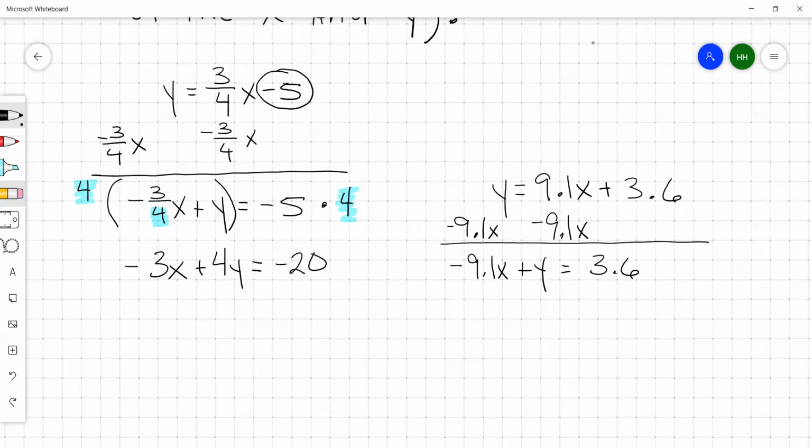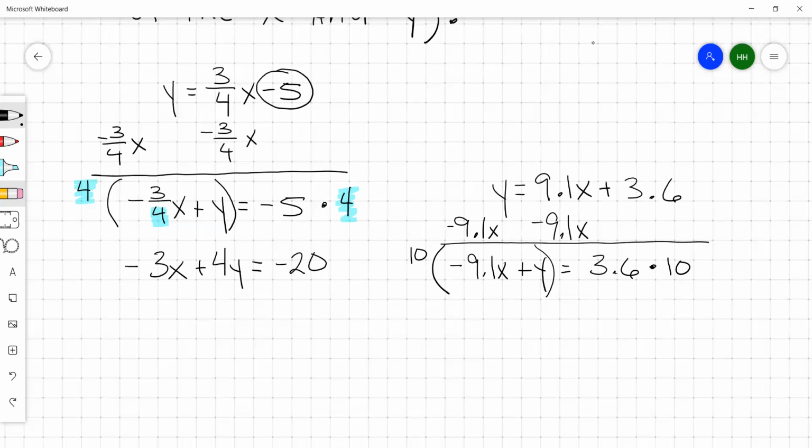Now, what you do to get rid of these decimals? Over here, to get rid of the fraction, we multiplied by the denominator. To get rid of these decimals, since they're both in the tenths place, we multiply both sides of the equation by 10.